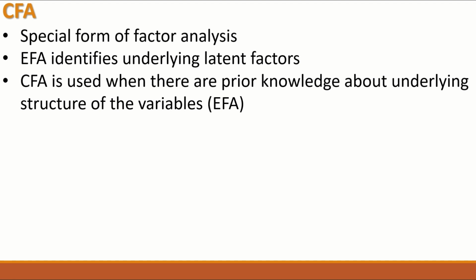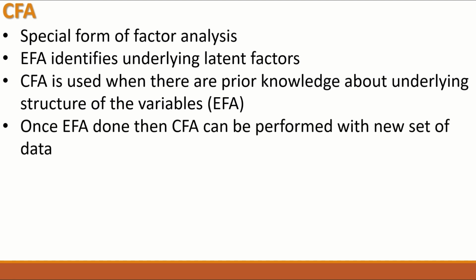So CFA is used when there is prior knowledge about the structure of the variables, the relationship between items or variables, and which items measure or represent which factors. So first of all, EFA has to be done to sort out and group items into factors, and then the CFA can be performed.